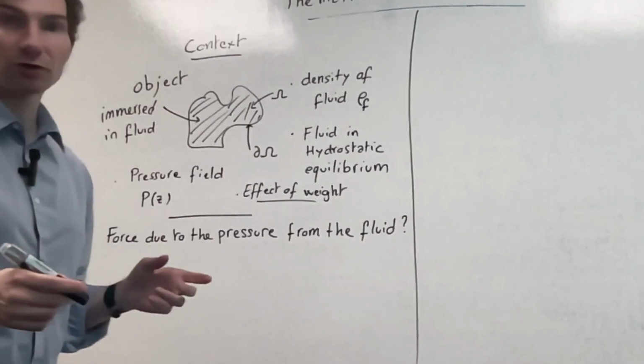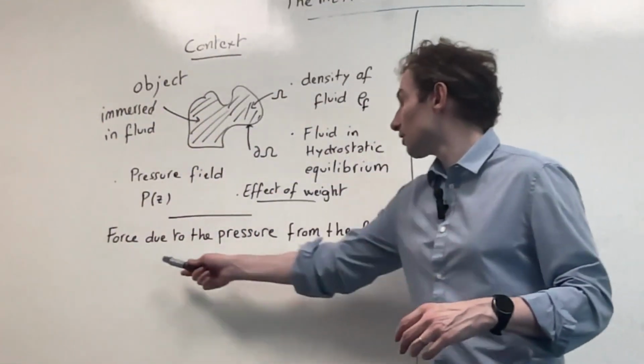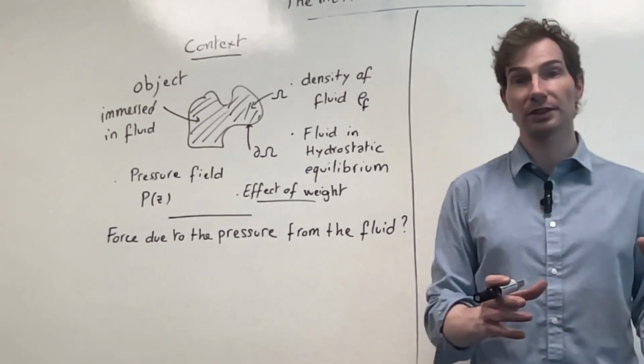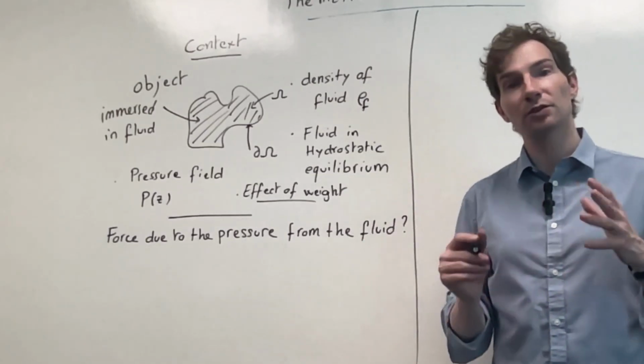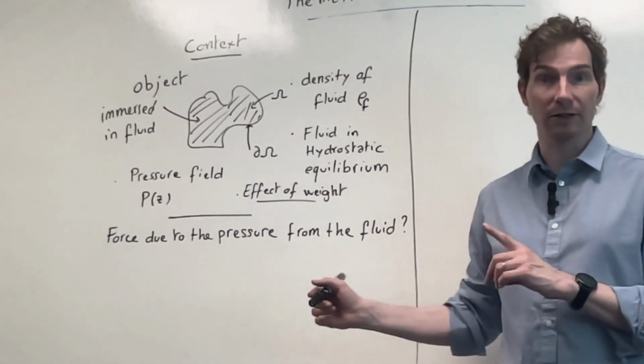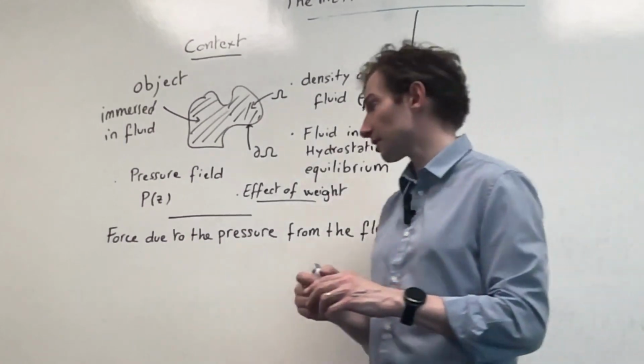And the question we want to ask is what is the total force that is due to the pressure on the object? In principle, that looks like a very difficult problem. Let me write down what this problem should look like.